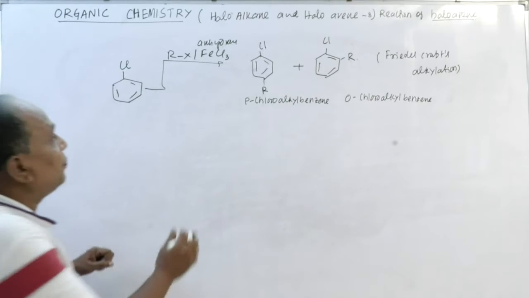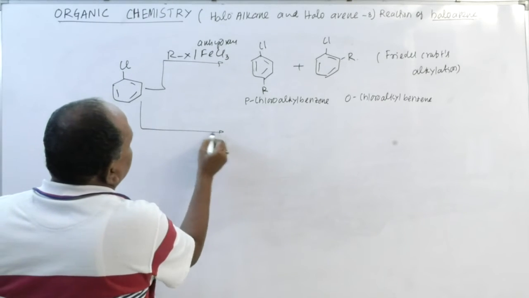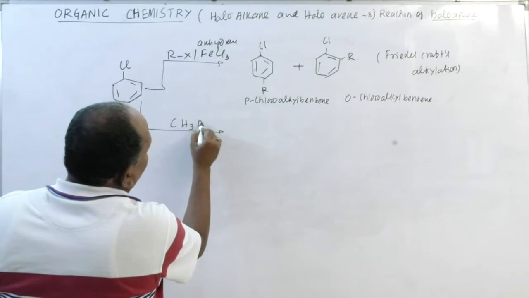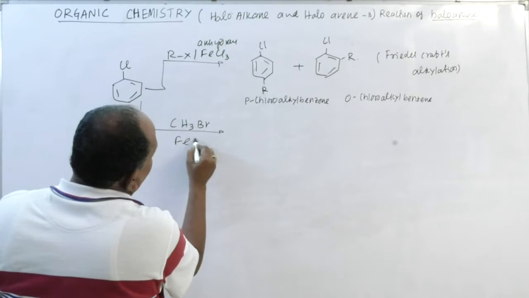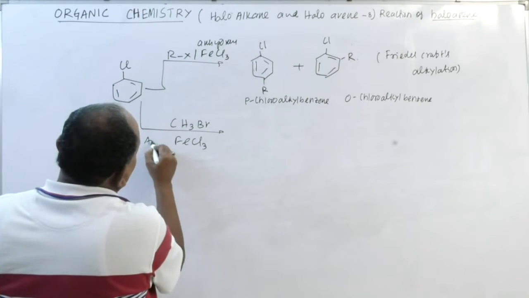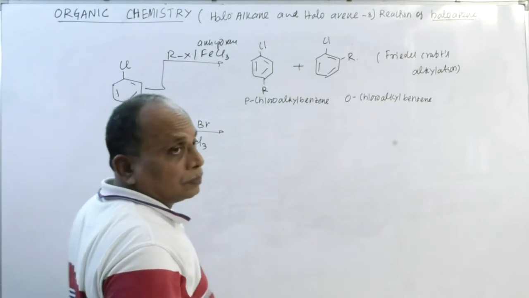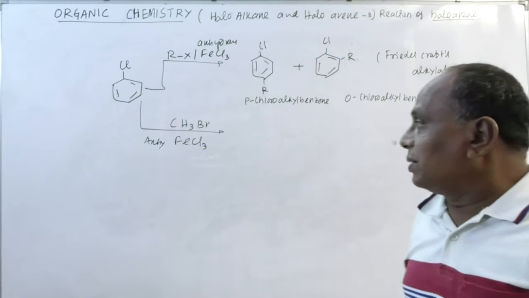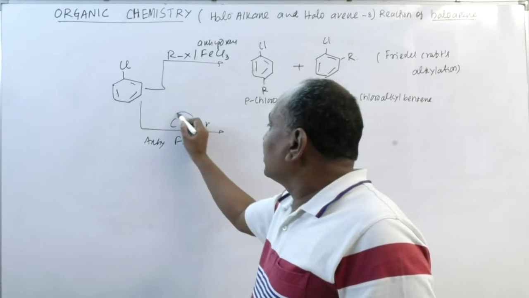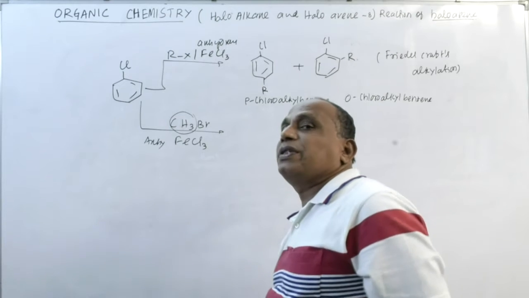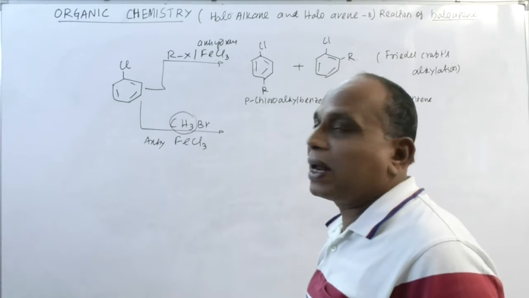For example, if you take chlorobenzene treated with methyl bromide in presence of anhydrous ferric chloride, what product will we get? R means the CH3 group here, and the CH3 group is substituted in ortho and para positions.